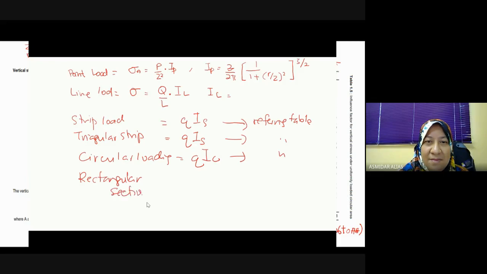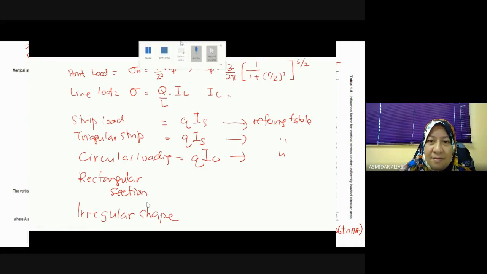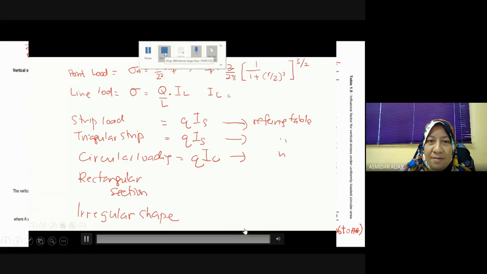We have some slightly different methods of doing the rectangular section, and of course the irregular shape. All of this uses the same concept but a different approach. Hopefully we can understand all of this before we move on to the rectangular section.